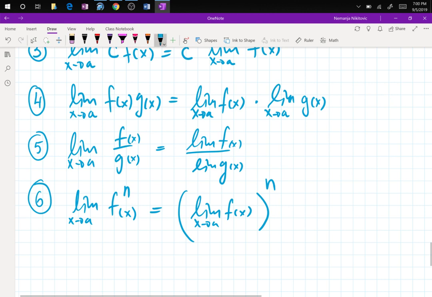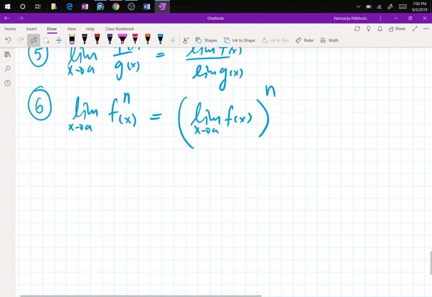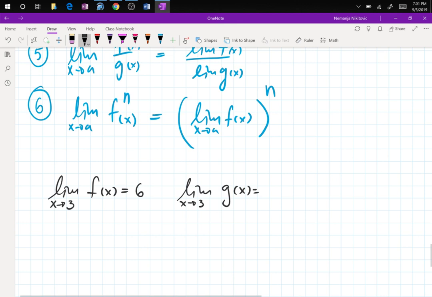So you are going to see right now in Calc 1, we just do some basic stuff, more like mathematical gymnastics. Let's see. Say you have the limit as x goes to 3 of this unknown function f of x is, let's say, 6. And the limit as x goes to 3 for g of x is, let's say, 1/2.